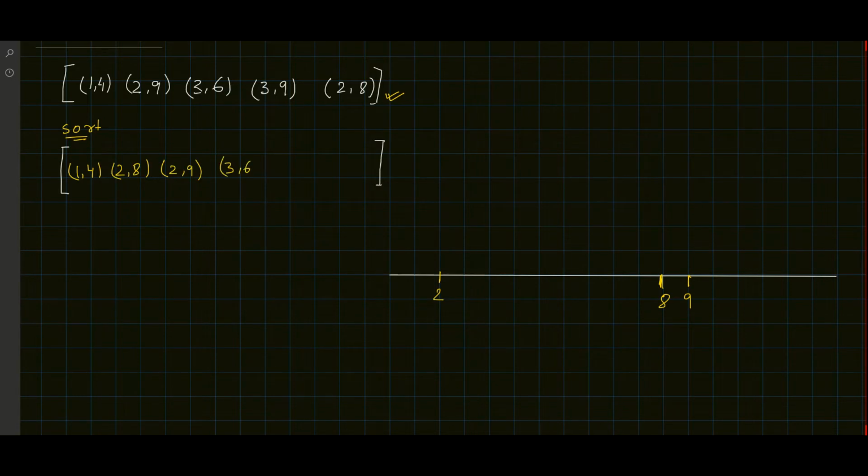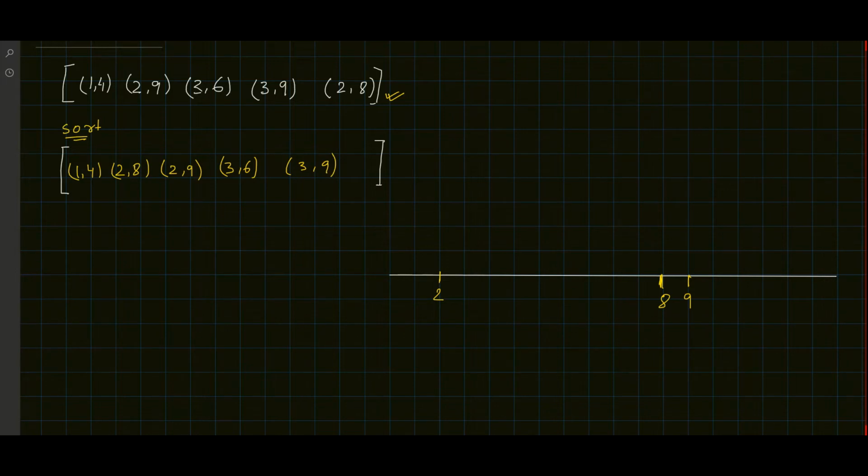This sorting is done on the basis of the first element of the pair, and if the first elements are the same, then on the basis of the second elements of the pair. This is how pairs in an interval are sorted. Now let us apply our earlier logic.